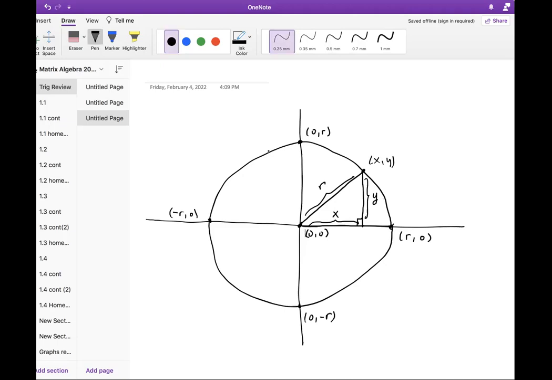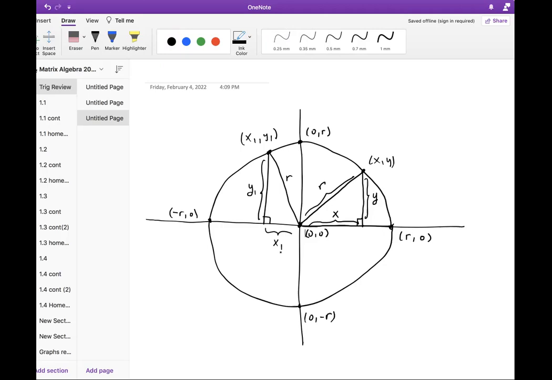So this point here, let's call it x1, y1. This also has the same relationship. The hypotenuse will always be r. The height of the triangle will always be whatever the y value is of the coordinate, and the length will always be the absolute value of the x coordinate, but we'll just call that negative.